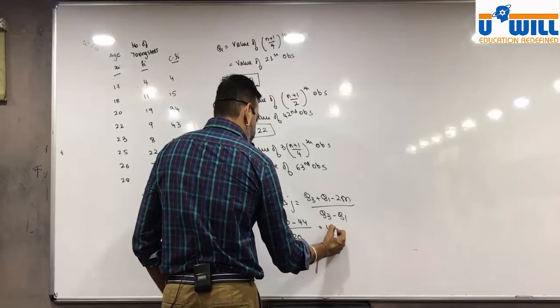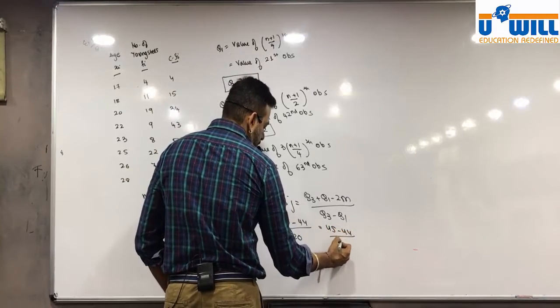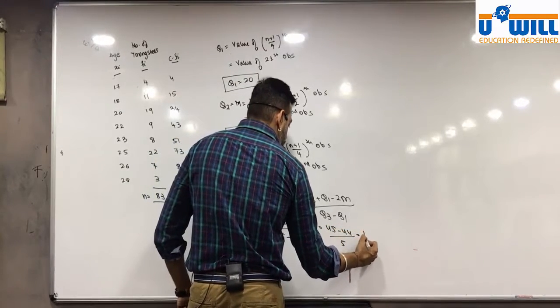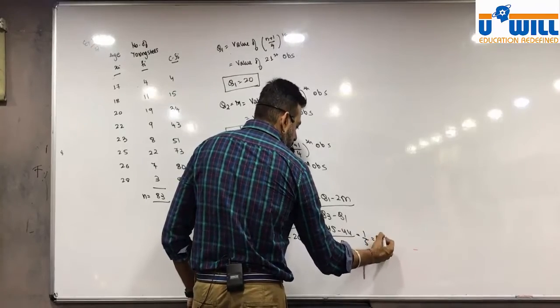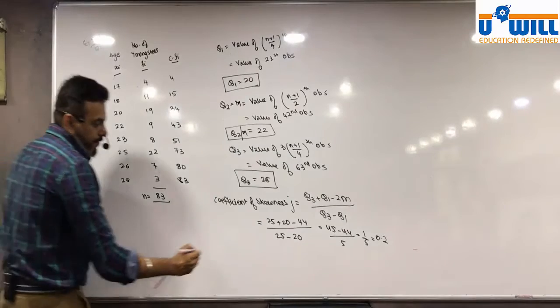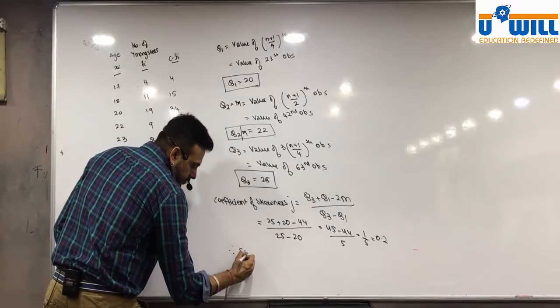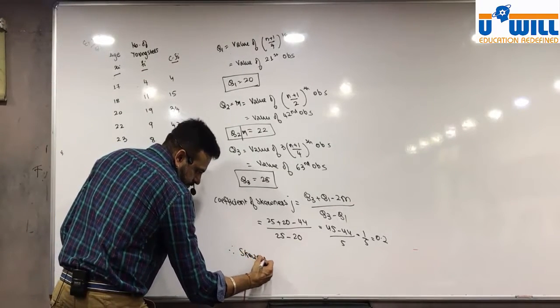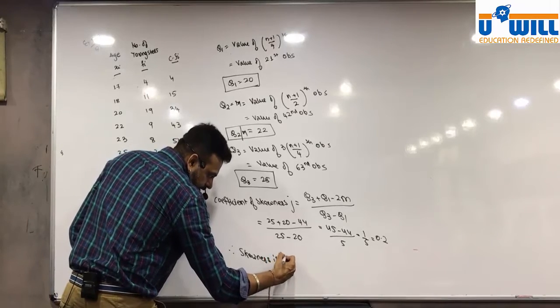So 45 minus 44 upon 5, positive 0.2. Positive skewness. Therefore, skewness is positive.